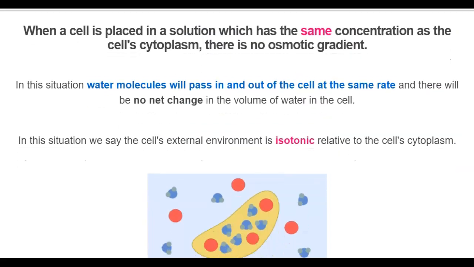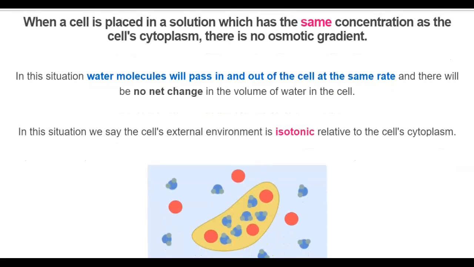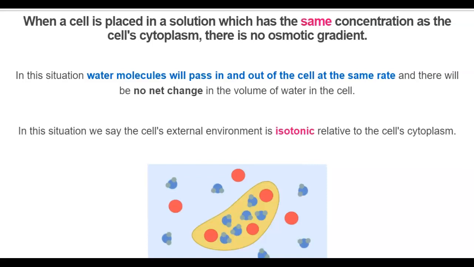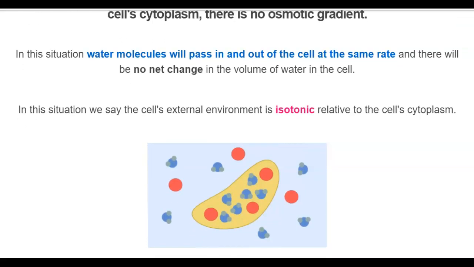When a cell is placed in a solution which has the same concentration as the cell's cytoplasm, there is no osmotic gradient. In other words, inside equals outside. In this situation, water molecules will pass in and out of the cell at the same rate, and there will be no net change in the volume of water in the cell.